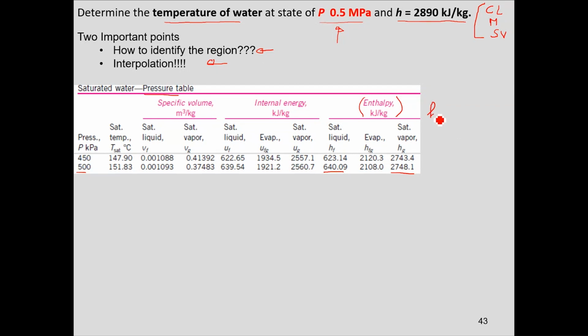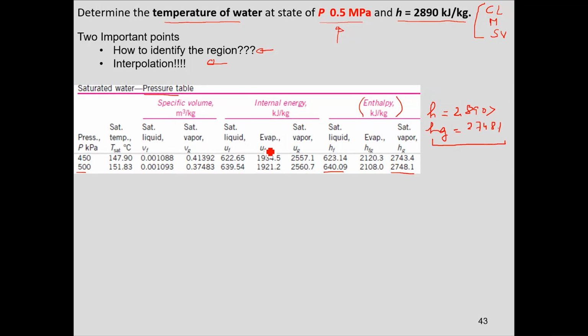The enthalpy value is 2890, which is greater than your Hg value, which is 2748.1. What does this tell you about the region in which your system is in?